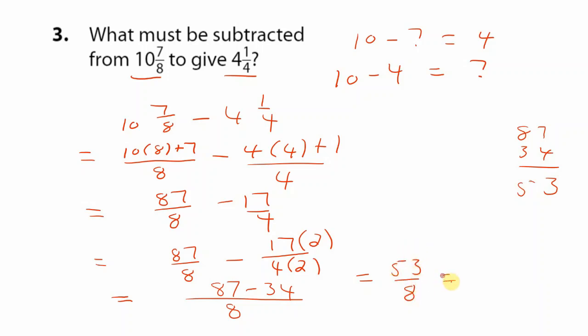Is that in simplest form? No, it's an improper fraction. We can change it to a mixed fraction. 8 goes into 53 6 times. 6 times 8 is 48. What's the remainder? 5. So it's 6 and 5/8 as the final solution.